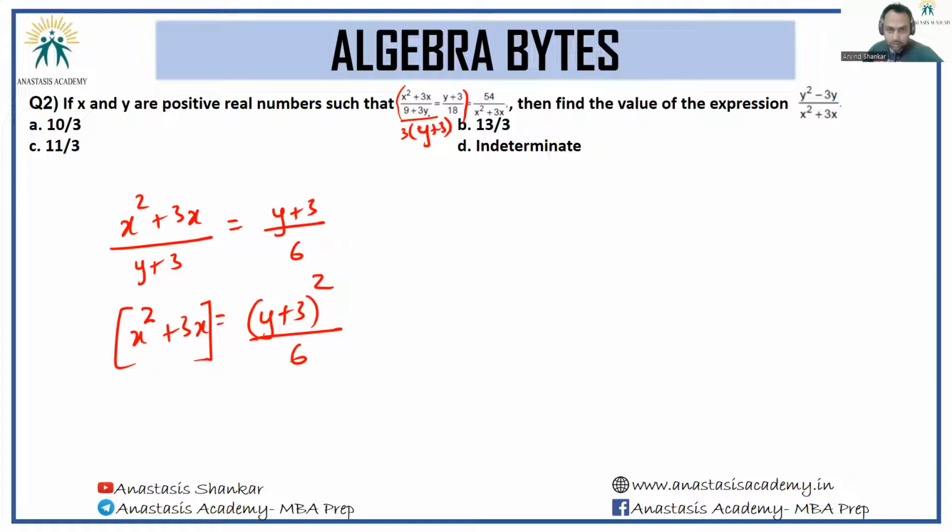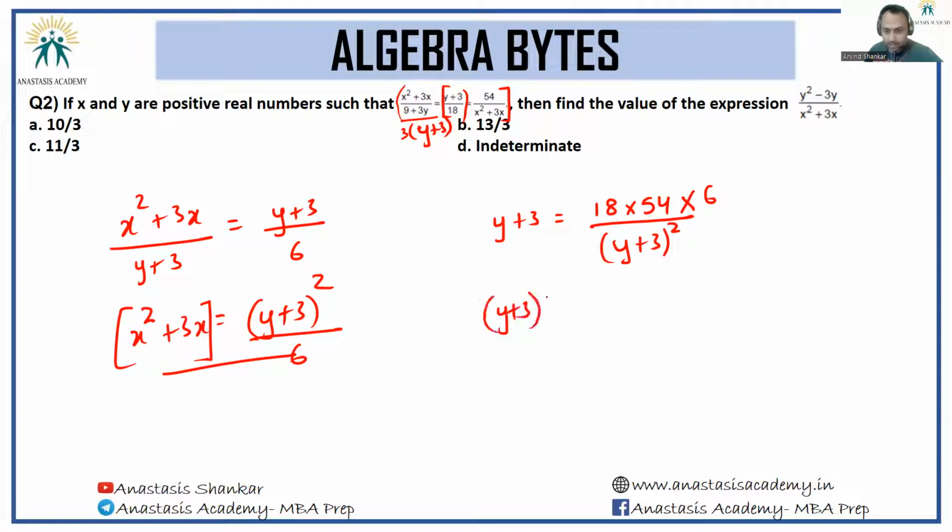Now I'm going ahead and using these two. y plus 3 is equal to 18 into 54 by (x square plus 3x). Using this, (y plus 3) whole square by 6 goes to the top, becomes this. So I have (y plus 3) whole cube is equal to 6 into 3 into 6 into 3 into 3 into 6.